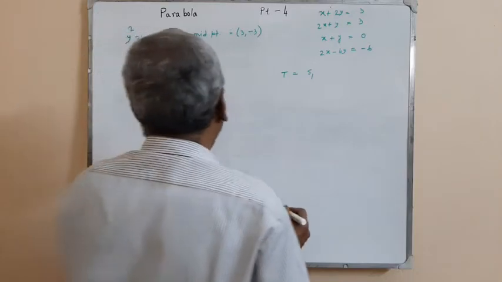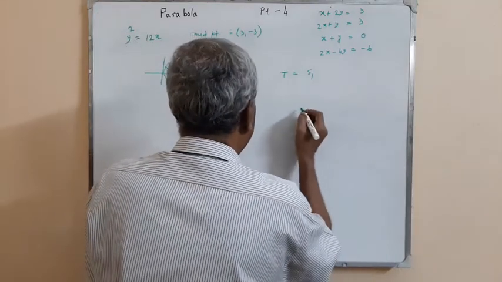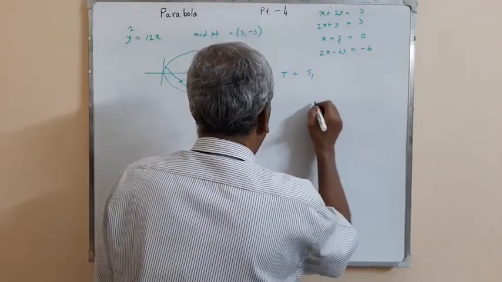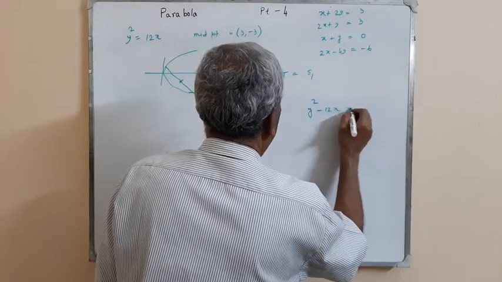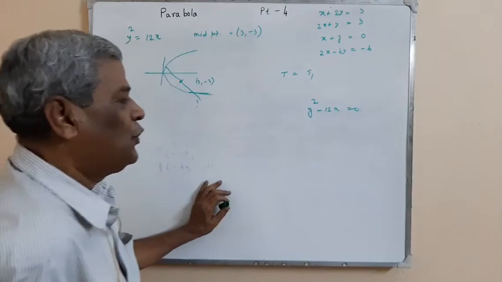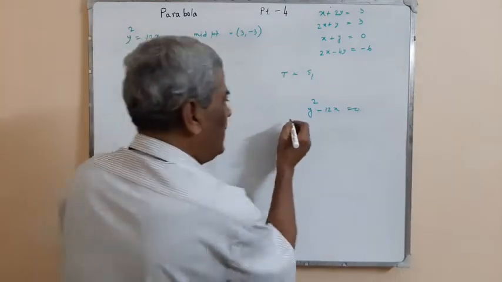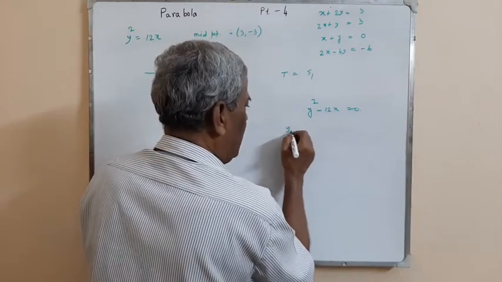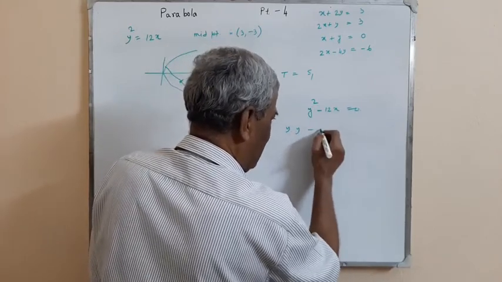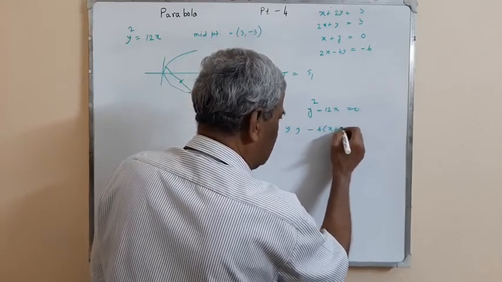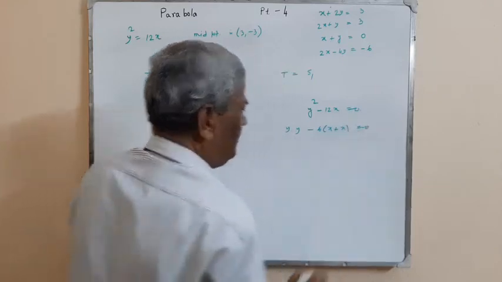So for getting the tangent, we know that if the equation is of the form y squared minus 12x equals 0, to get the equation of the tangent at any point, we write y squared as y into y, and the linear term minus 6 into x plus x equals 0.